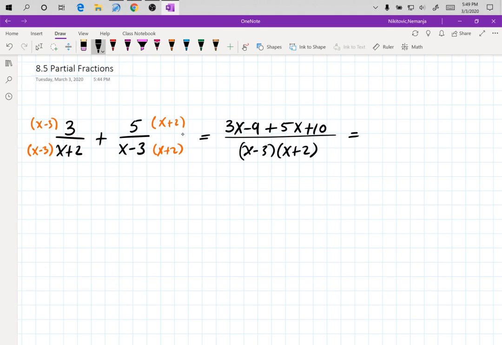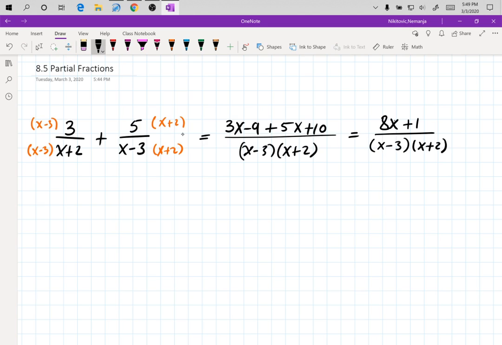And that is going to be 8x plus 1 divided by x minus 3, x plus 2. And that's it. So this is a standard algebra problem to do. And you would box the answer, submit, and you're done.